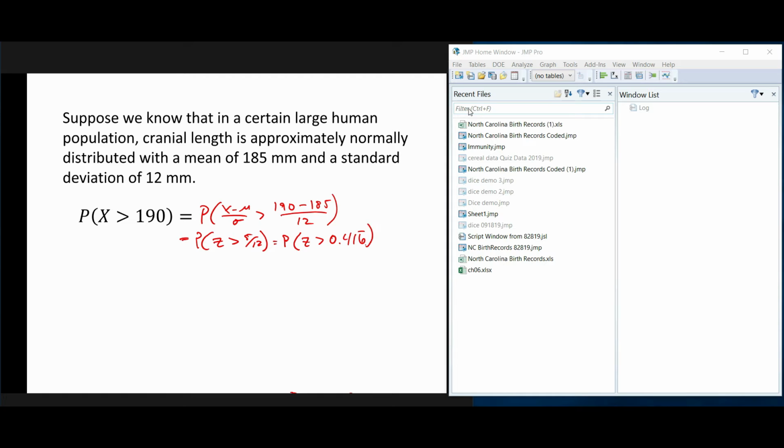So that's the probability that the standard normal random variable is greater than 0.416 repeated. So now I can find that from my distribution calculator in JMP.